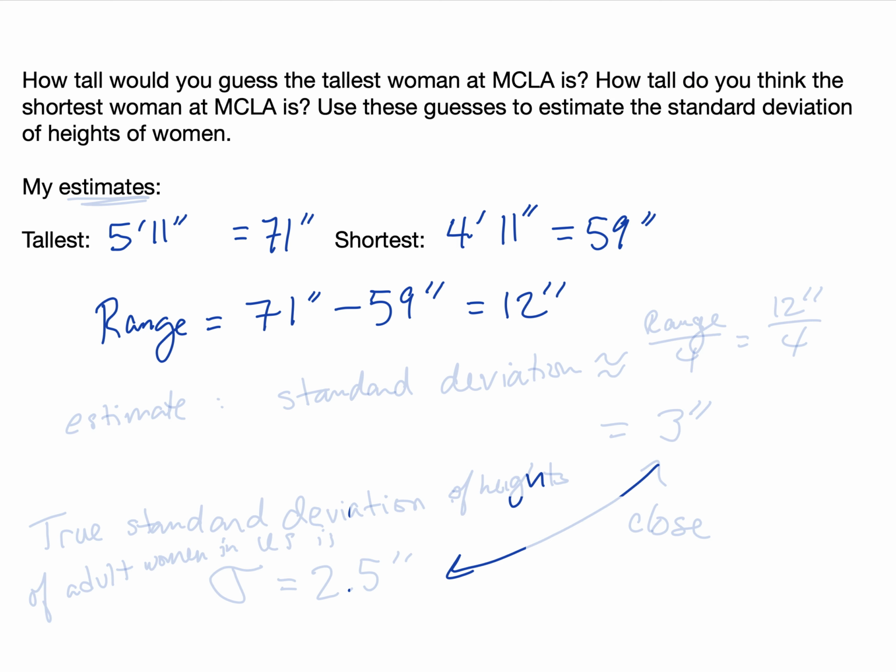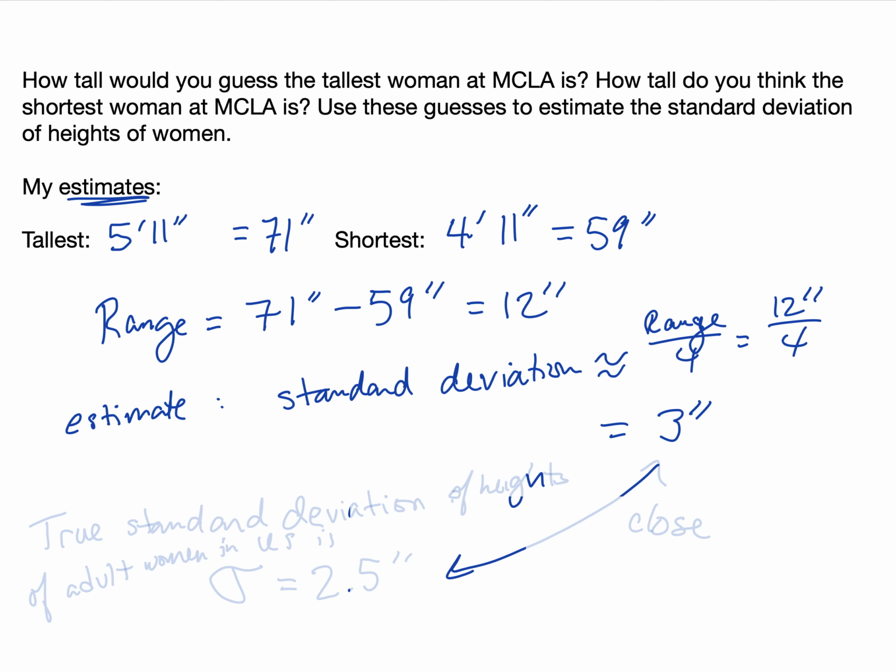Now I can find an estimate for the standard deviation. Of course, these values for tallest and shortest are also just estimates, but my estimate is that the standard deviation might be approximately the range over 4. So that's 12 inches divided by 4, which gives me about 3 inches.